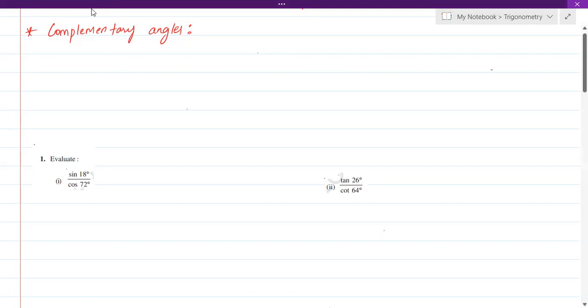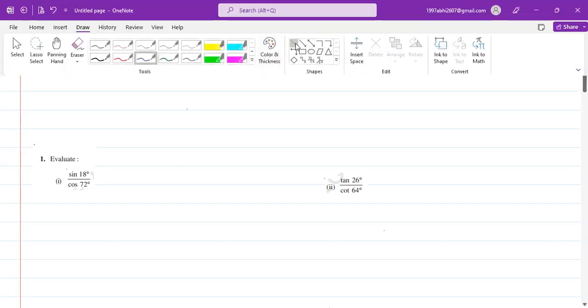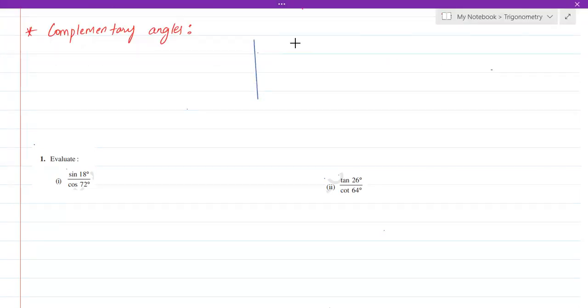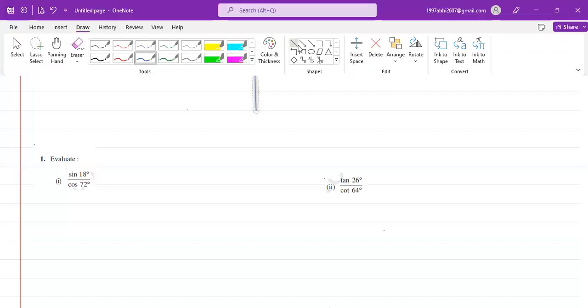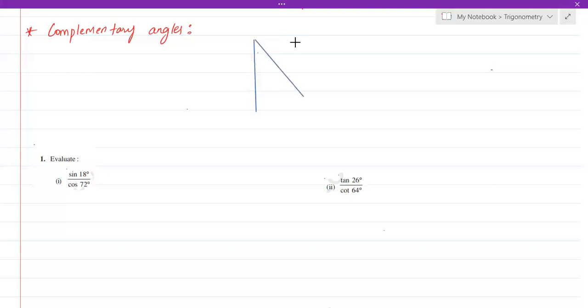Let me draw the right angle triangle itself. So let's take this right angle triangle A, B, C. Let's take this angle as theta.